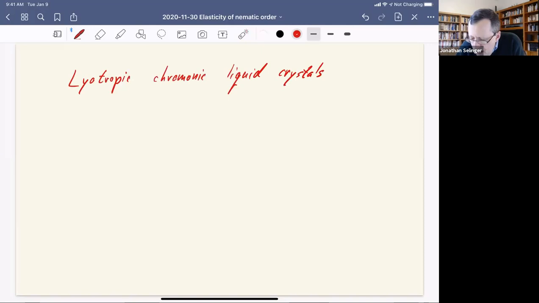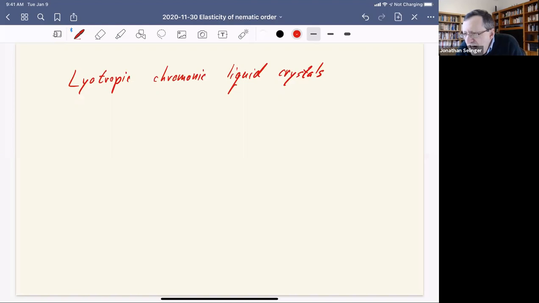And there are a bunch of experiments in Professor Lavrentovich's group and at other universities, which seem to show that these materials tend to make a twist.